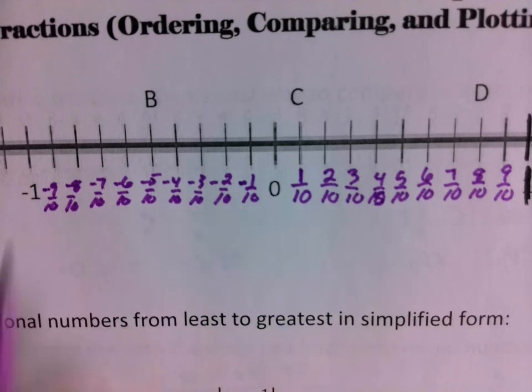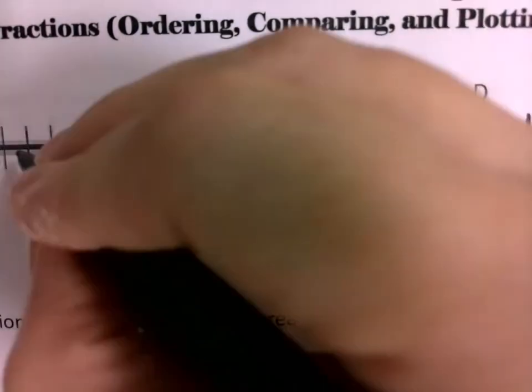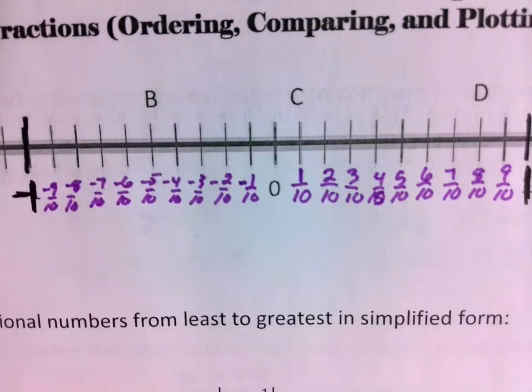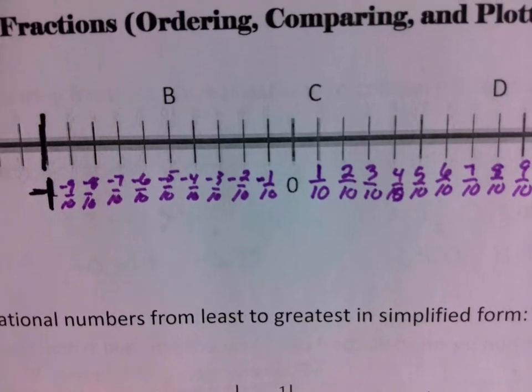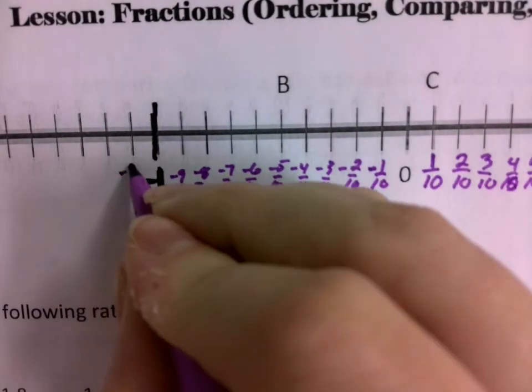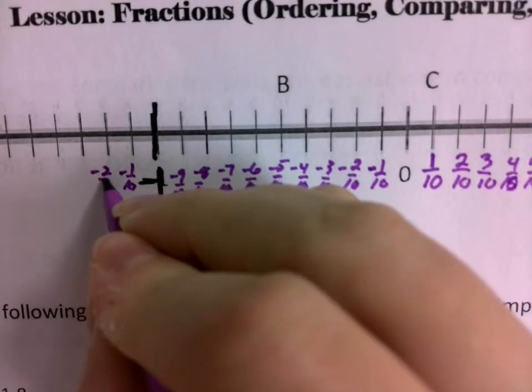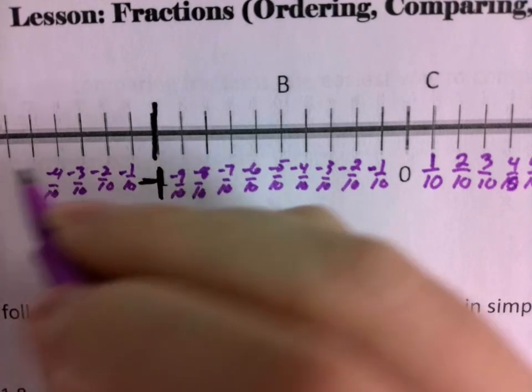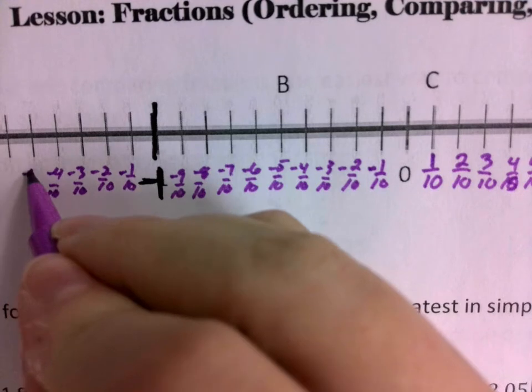So right at this mark, we're at a negative 1. And then it keeps going again in the reverse. Some more. So we have negative 1/10, negative 2/10, and so on and so forth until we filled it all up and we've gotten to the last marking, which is at the negative 2 mark.